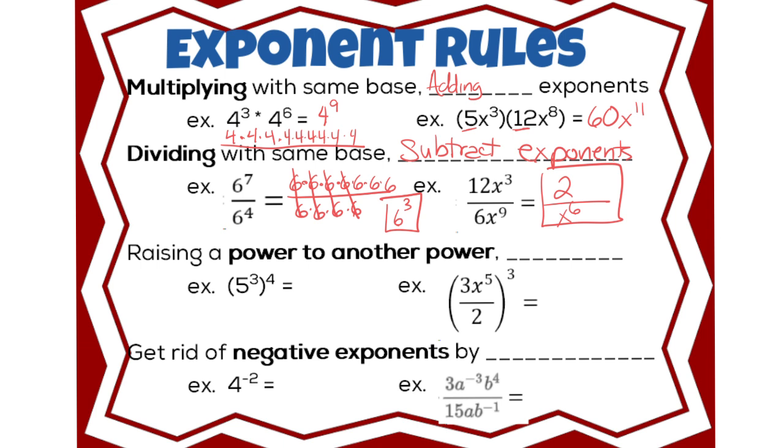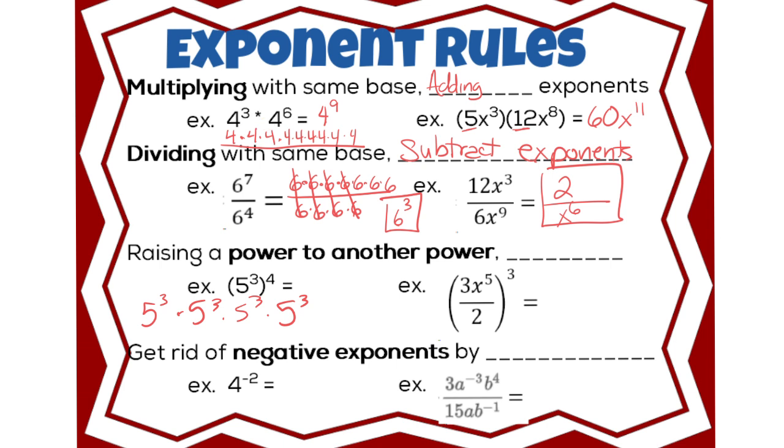All right, so now on this next one, we're going to raise a power to another power. How I would see that written in my head, on this first one, I would think that's a 5 cubed times another 5 cubed times another 5 cubed times another 5 cubed. So that's a 5 cubed to the 4th. And then I'm back up here to what I did on these.